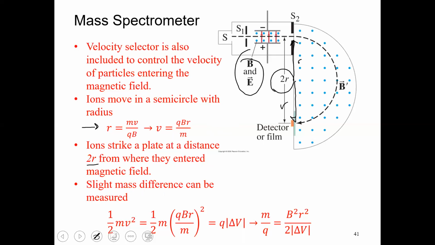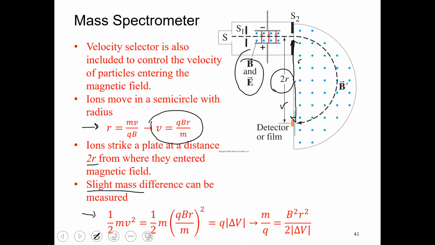And since we're hitting that detector, you're going to see slight mass differences that are going to be measured. So here's the equation you would use. We've got kinetic energy of 1/2 mv squared. We can describe our V in terms of our charge. So if we've just ionized it once, we have like 1 extra proton.